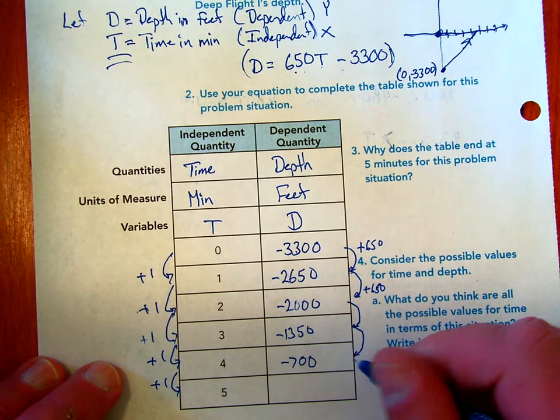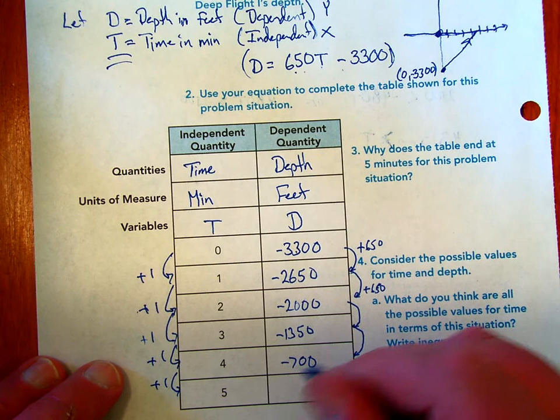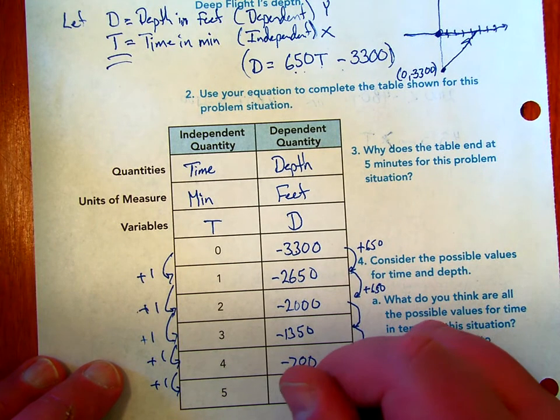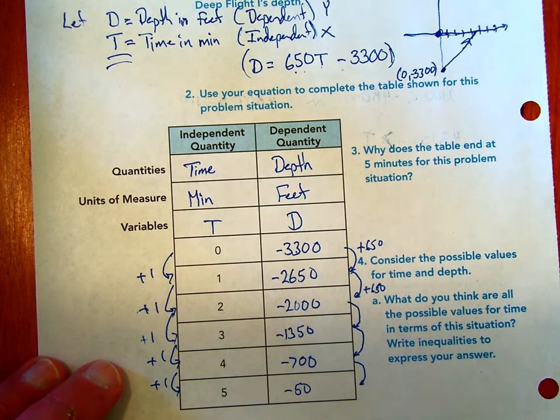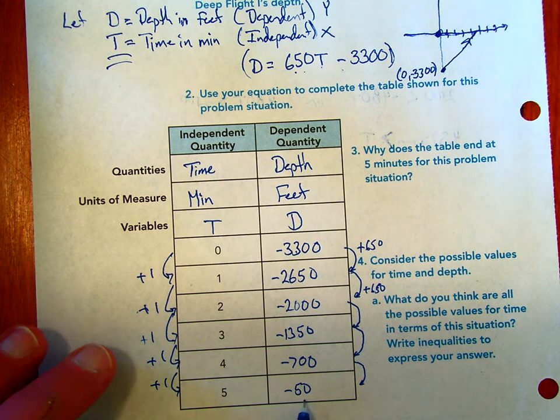We go another 1 minute, and we come up 650 feet, and now we're 50 feet below. And so a little more than 5 minutes, we're going to be at the surface because, again, at 6 minutes, if we continued that and we're like a duck and could go into the air and fly, we would be at 600 feet above sea level. But a submarine, since it can't fly, has to stay at the surface. All it can reach is 0.